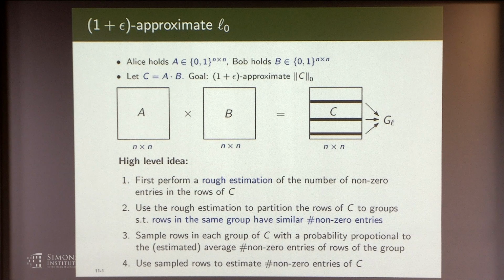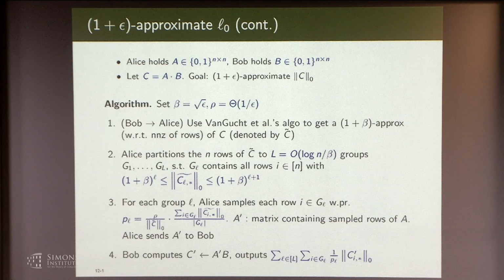And then we sample the rows in each group with probability proportional to the estimated average number of non-zero entries of the rows of the group. And then we use those sampled rows to estimate the number of non-zero entries of C to a more accurate level. Okay. So how to implement those things?